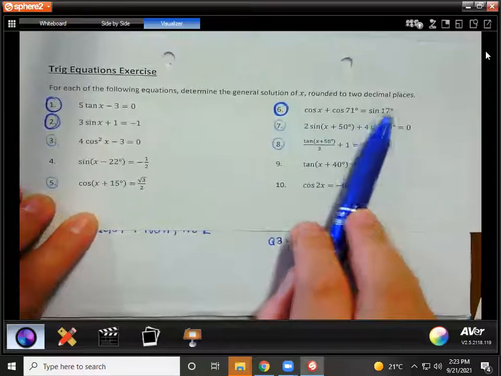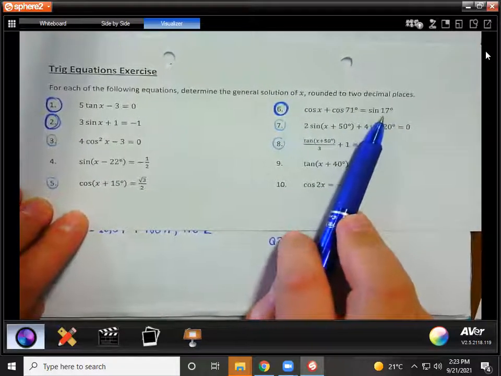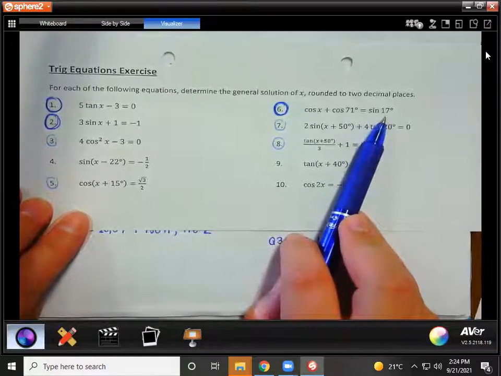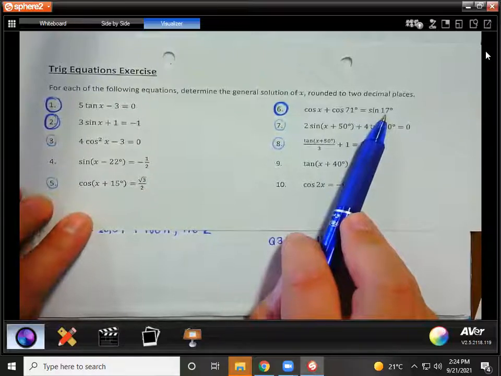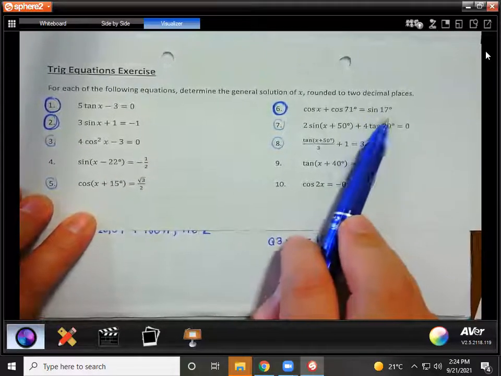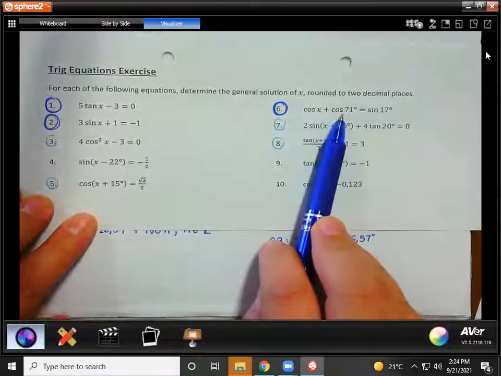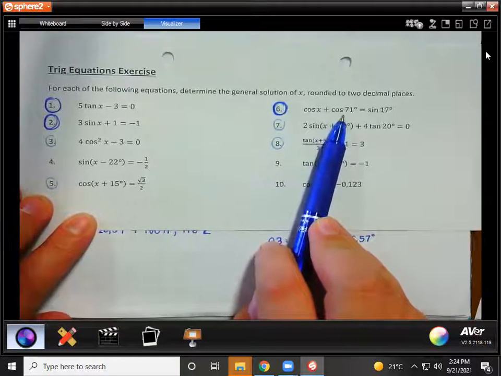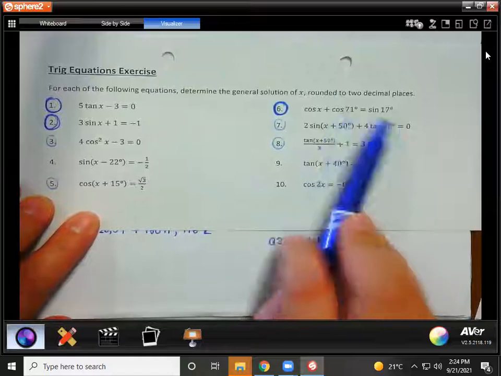Just hold on. In number 6, there's a lot of stuff happening here, hey? Just quickly do me a favor, type sin 17 into the calculator. Sin 17. What is that? It's a number, is what I'm trying to get at. Sin 17 is a number. What about cos 71? It's also a number.